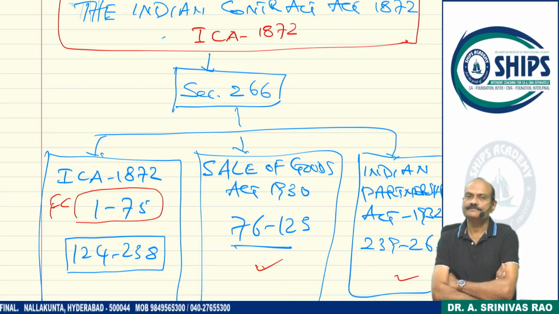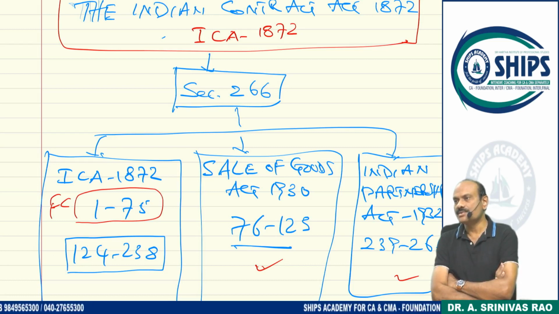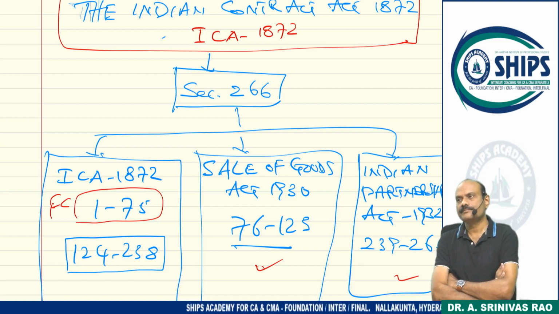Third point. Section 76 to 123 of ICA 1872 repealed.